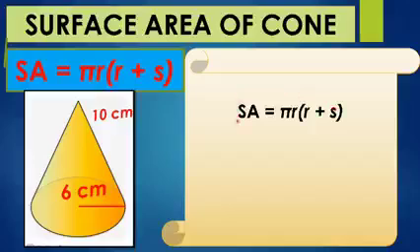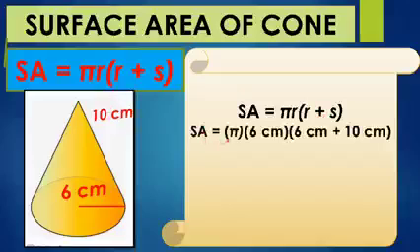Next, substitute. Yung pi magiging 3.14, yung r magiging 6, yung s magiging 10. The equation becomes pi times 6 centimeters times the sum of 6 centimeters and 10 centimeters. So after substitution, yung gagawin natin dito is to work out the groupings, okay? So we will follow the PEMDAS rule.